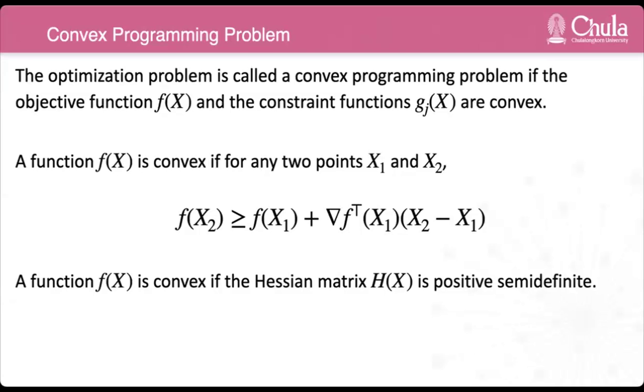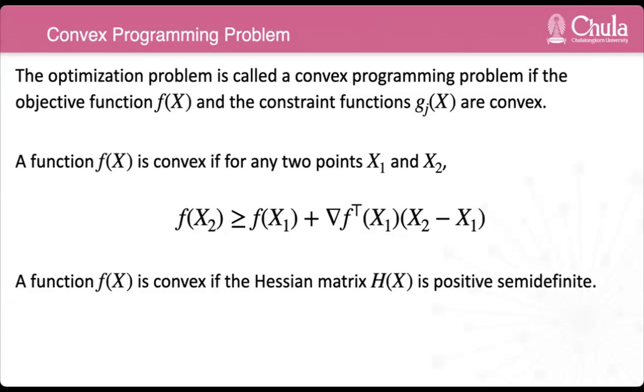Then if you test your problem and the feasible region is a convex set and the objective function is a convex function, you can use that solver. The solver designed for convex programming.